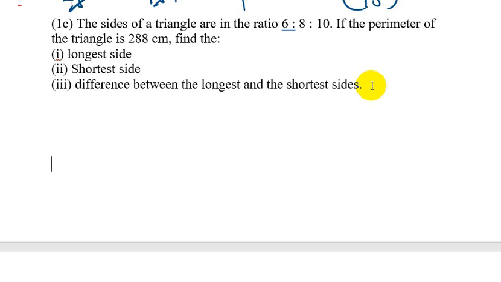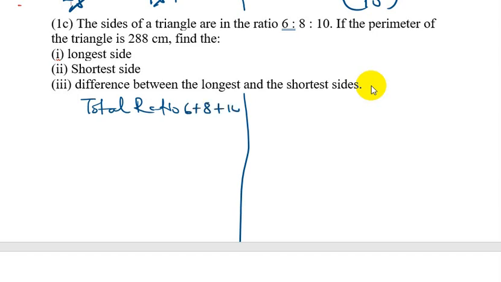Okay, so we will solve it one after the other. This is a ratio question. So what do we have to do? We have to calculate the total ratio. The total ratio will be 6 plus 8 plus 10, which gives us 24.